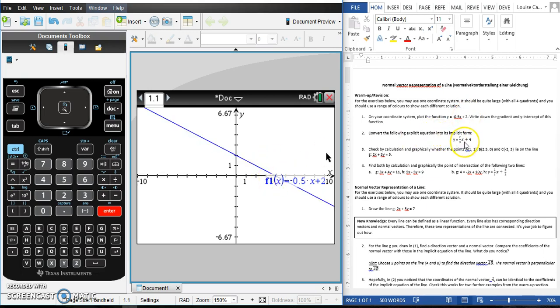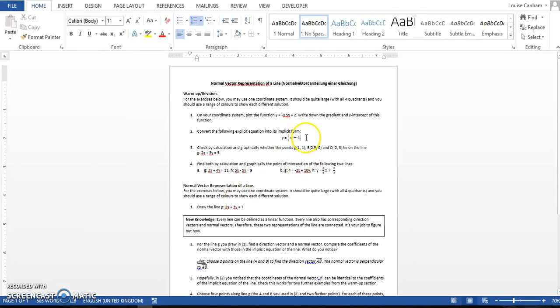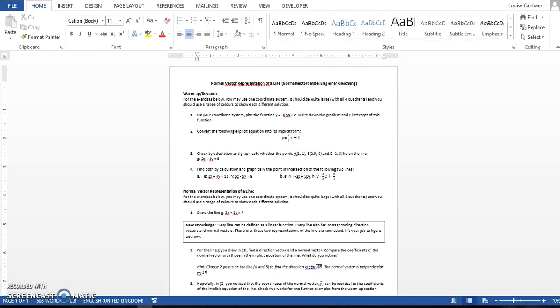Now we have an explicit equation that we need to convert into its implicit form, and hopefully, let me make this one a little bit bigger now because we don't need the calculator for that. Hopefully you remembered that the implicit form was in the form ax plus by equals c, where a, b and c are whole numbers.